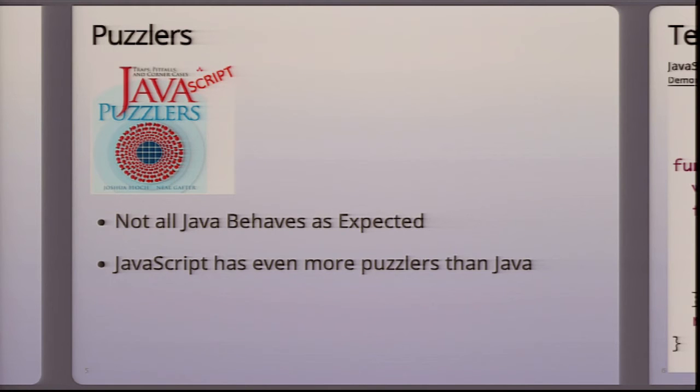And that's not even about how it behaves in different browsers, but within one browser. Looking at a piece of code, you have no idea what's going to happen, and then that code is going to run differently in every single browser. HTML4 specifically is very ambiguous as to what can happen and how things behave. So JavaScript has a lot of puzzlers.